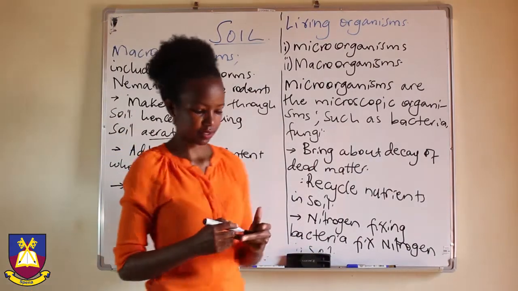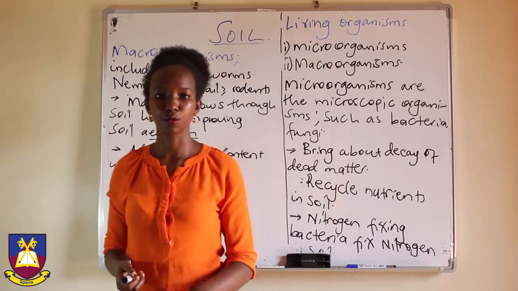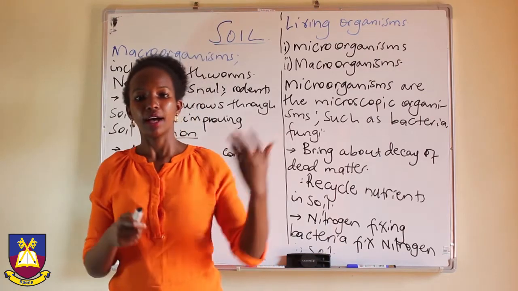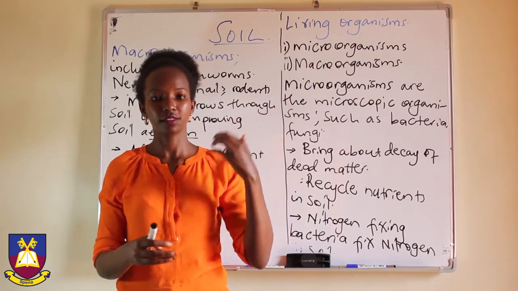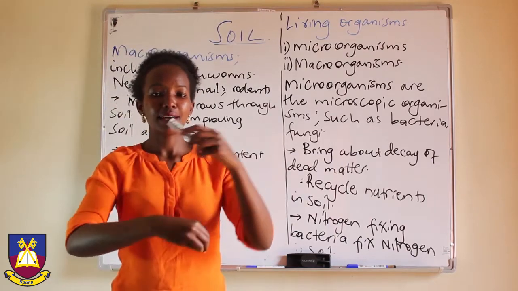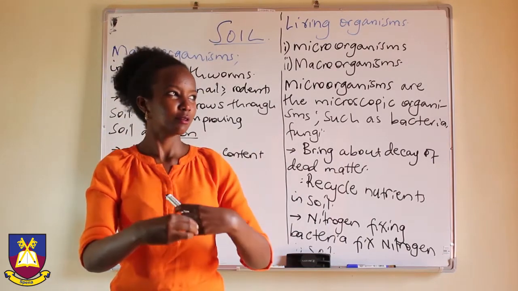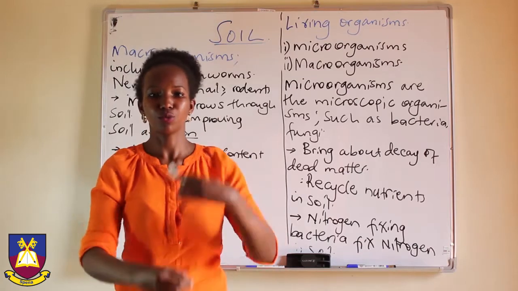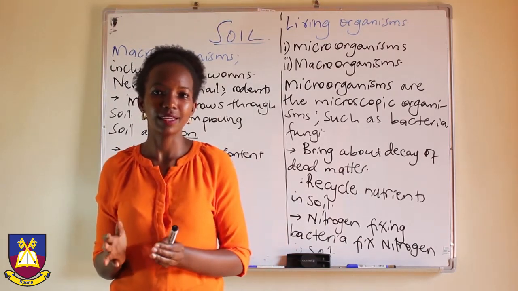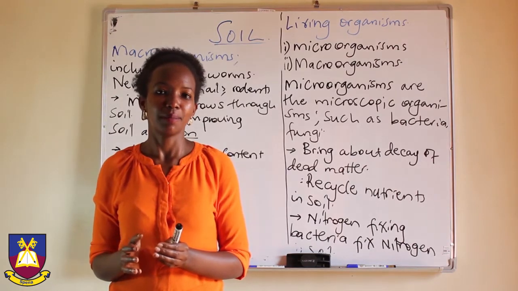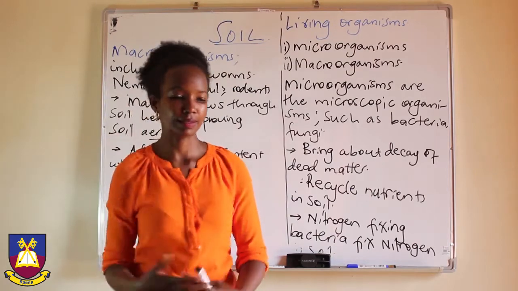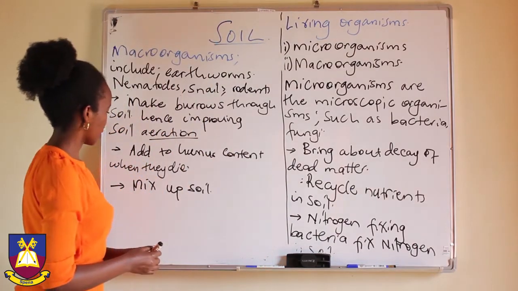What we mean there is as they dig their way through, they bring the soil that was below up, and the soil that was on top finds its way to the bottom, and in that way they enable mixing, just the way you would use a hoe to mix up soil. Each of them does it to a small extent in its own ability, but it still adds up to enable the different layers of soil to mix.